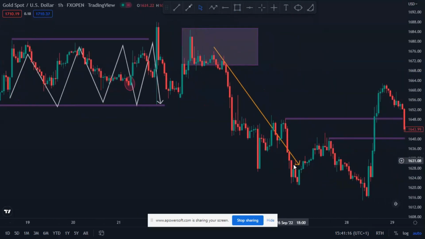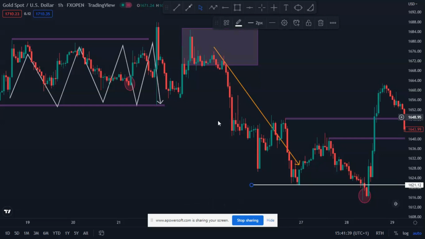Now I believe some of my students that were part of the initial mentorship know how to identify these zones. We wouldn't have gone as far as this point. Sometimes this could have been take profit point two, but most likely we would have taken our profit here. So for those scalping, sometimes we hold.